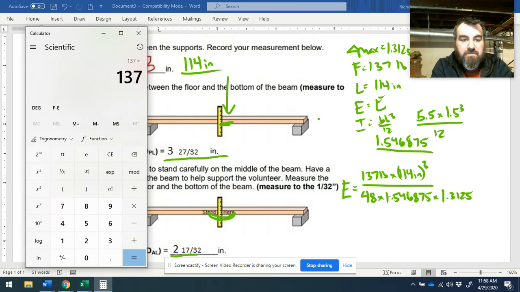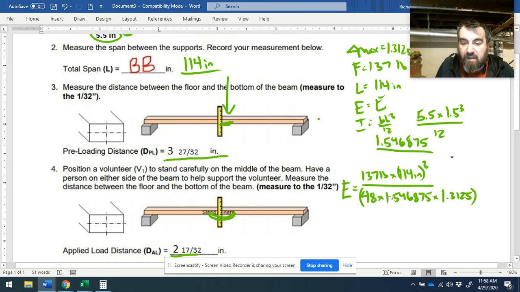137 times 114, and then I'm going to use the little to the power of 3, divided by, now on the bottom I'm going to put all these in parentheses because they all need to be multiplied together. The way the calculator does it, it's going to do PEMDAS, so it'll just divide by 48 and then multiply by these numbers.